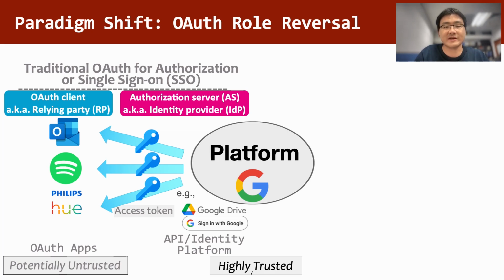So the platform would issue access tokens to the OAuth clients, each operated by one third-party app. Because this paradigm is the most standard OAuth use case, the apps are often simply called OAuth apps.